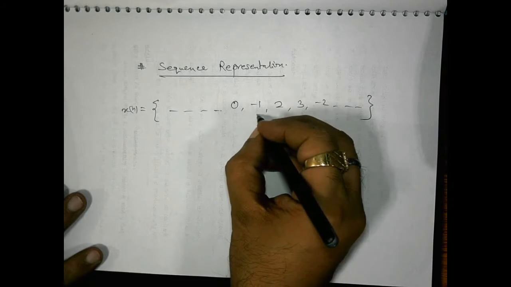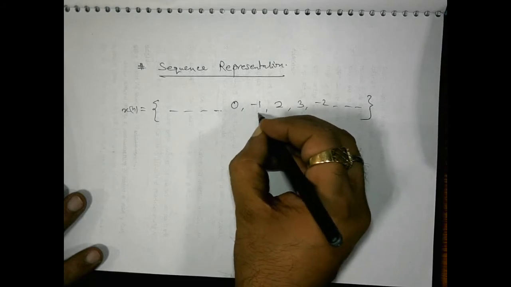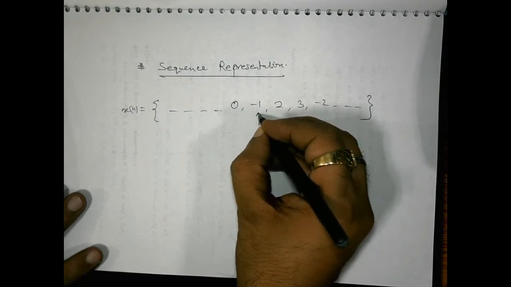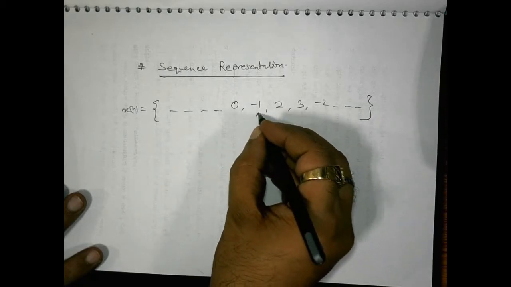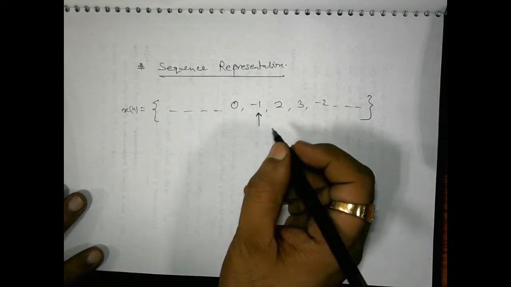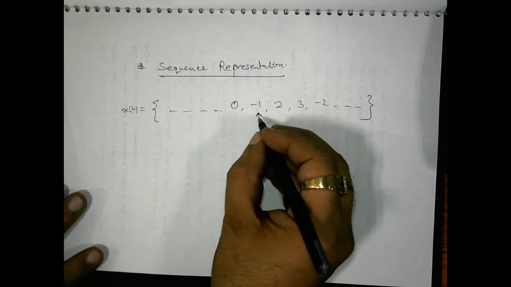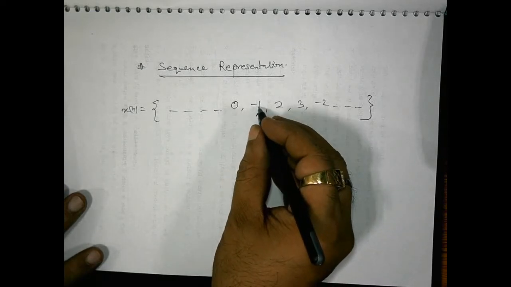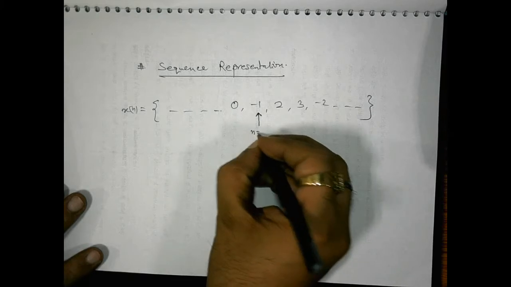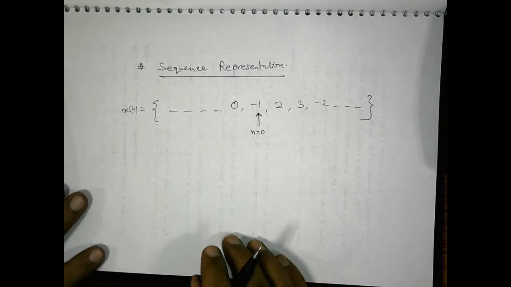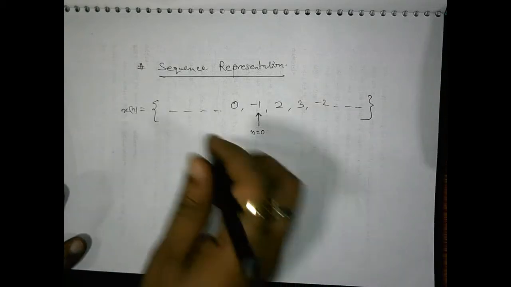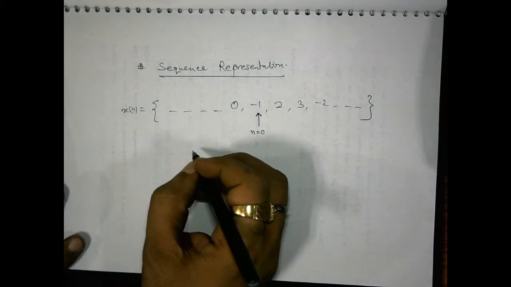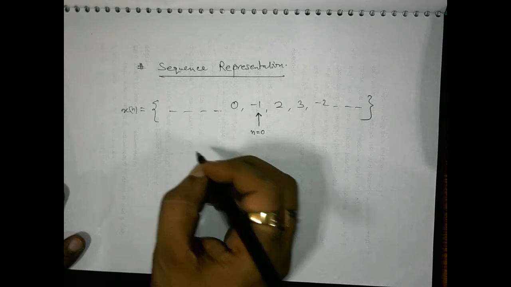These ellipses show the beginning of the signal. Suppose the signal originates from here. When I say that the signal originates from here, I represent it through an arrow like this. The arrow pointing at this sample says that this is time index or integer index n equal to 0. This kind of signal is called an infinite duration signal.